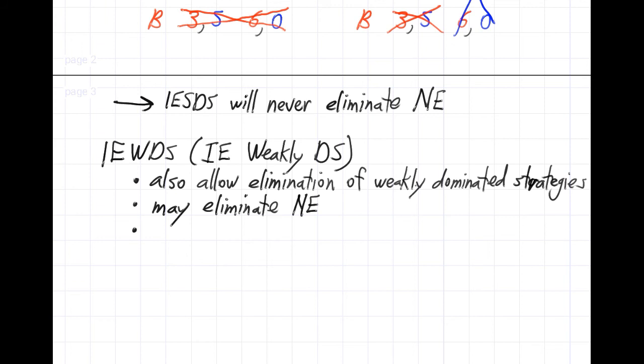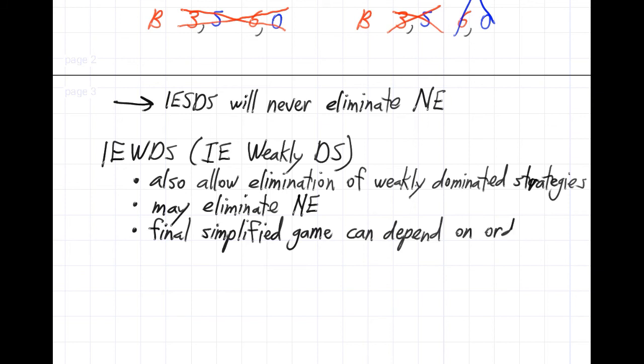Another weird effect that can occur in the case of IEWDS is that the final outcome, let's say you're going through this iterated process, the final simplified game can depend on the order in which strategies are eliminated.